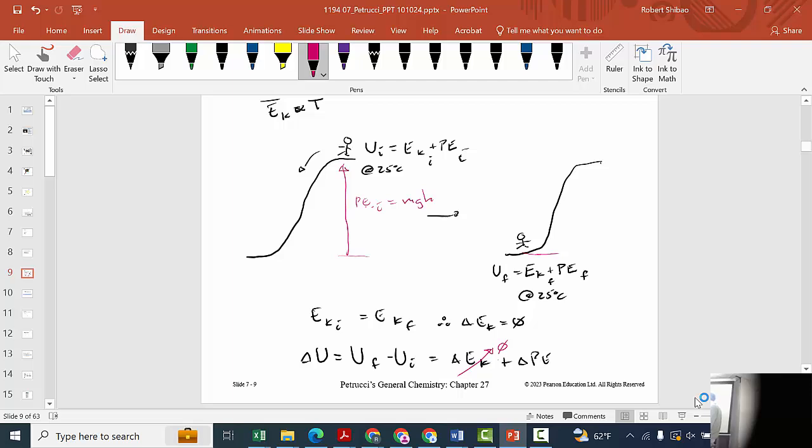And so what happened to all that energy? We had a change in potential energy. Where did it go? Where did all that energy go? You know where all that energy went?